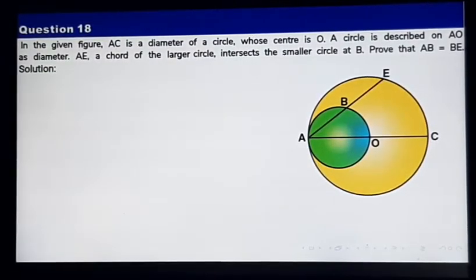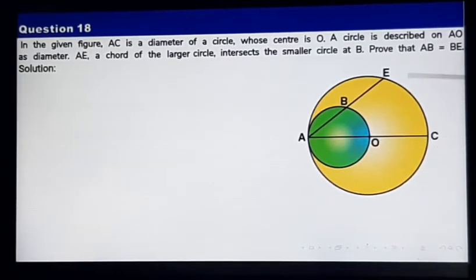Okay, so let's read out this particular question. The question says, in the figure, AC is the diameter of a circle, that is this yellow colored circle, whose center is O. So O represents the center of this bigger circle. A circle is described on AO as diameter, so keeping AO as diameter, we have drawn one more circle, that is the green colored circle.